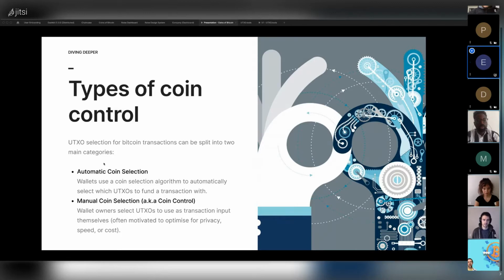Automatic means using an algorithm to select which UTXOs are used as inputs for a transaction. That's the majority of Bitcoin wallets. And then you have a handful of Bitcoin wallets which allow users to take manual control and select their own UTXOs, which is great.